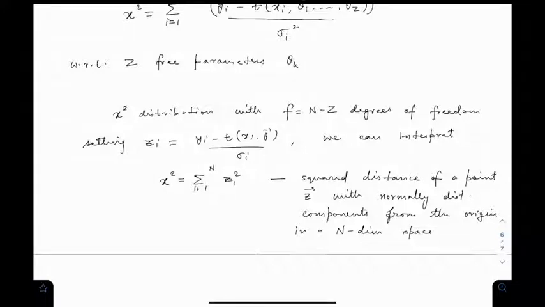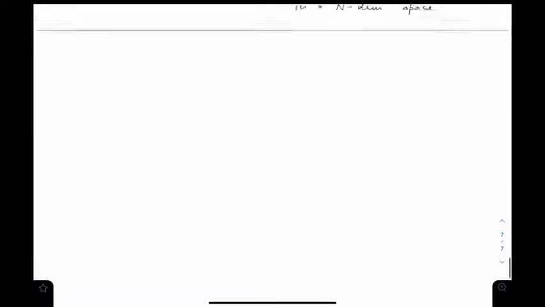If all parameters are fixed except one, let's say theta 1, which is left free and adjusted to the data by minimizing chi-square, let us set the derivative with respect to that parameter theta 1 equal to 0.